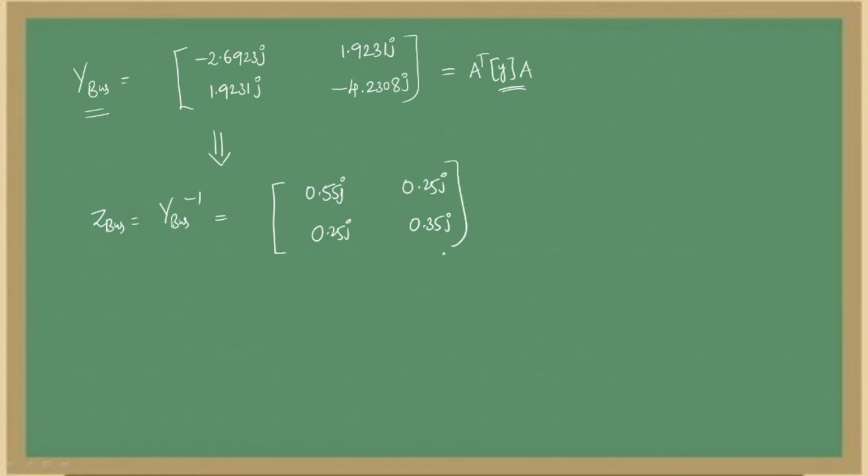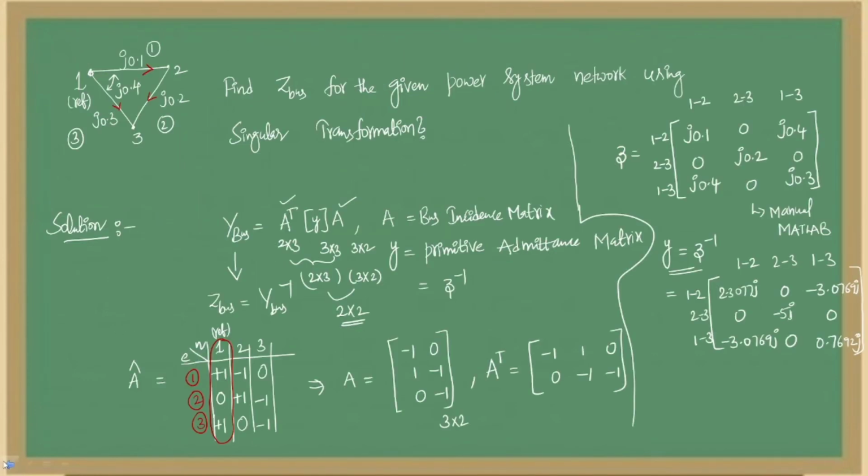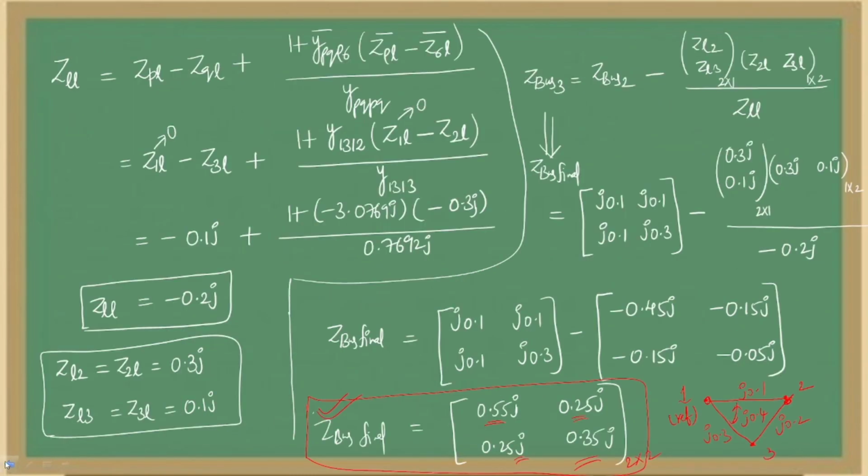Okay. So this is the Z bus matrix which we have obtained by applying singular transformation method for the given power system network.